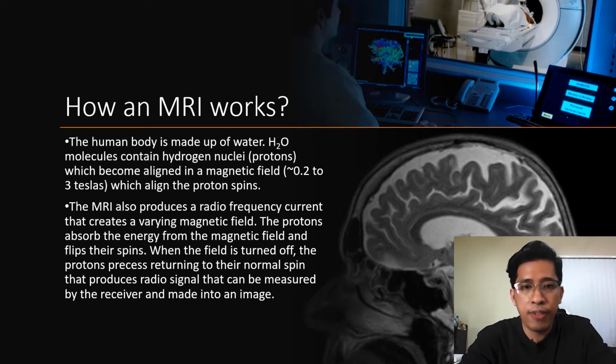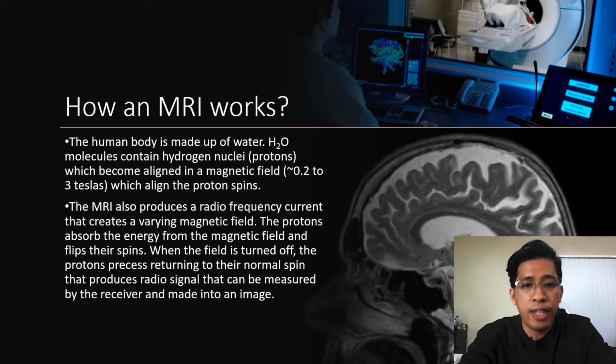As the magnetic field of the MRI is turned on, the protons in your nuclei move like arrows, and they spin. The MRI also produces a radio frequency current that creates a varying magnetic field. The protons absorb the energy from the magnetic field and fix their spin.